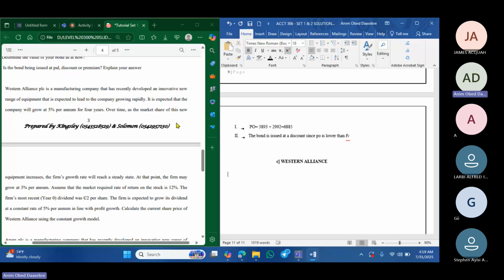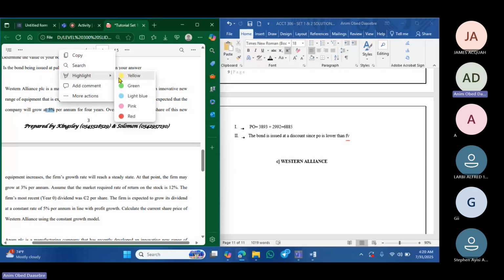So that one too, you should also pick out the information and all that. So Western Alliance PLC is a manufacturing company that has recently developed an innovative new range of equipment that is expected to lead to the company growing rapidly. It is expected that the company will grow at 5% per annum.